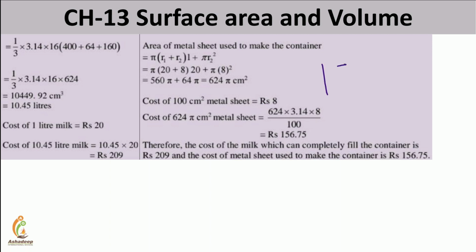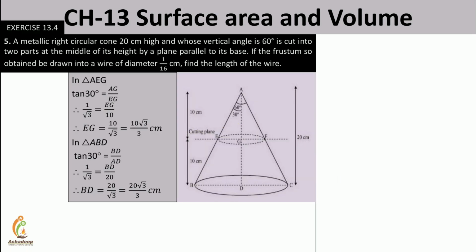The answer is 1, 5, 6, 7 and 5. In the denominator there is 100. 100 means there are 2 zeros. So from the right, place the point over here. So the answer then is 156.75. Right?